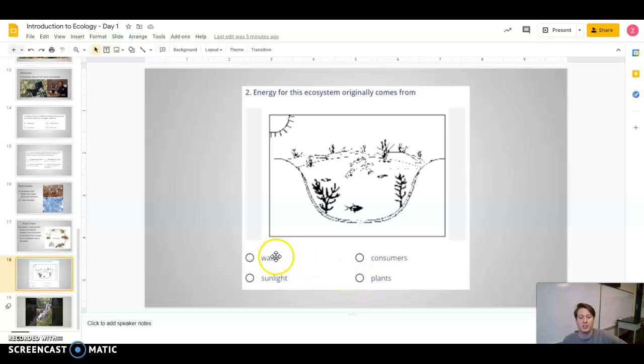Yeah, the correct answer is sunlight. The sun originally provides the plants with the energy needed for photosynthesis, and then the producers will use that, and then it will go to the consumers. The fish might eat the plants.